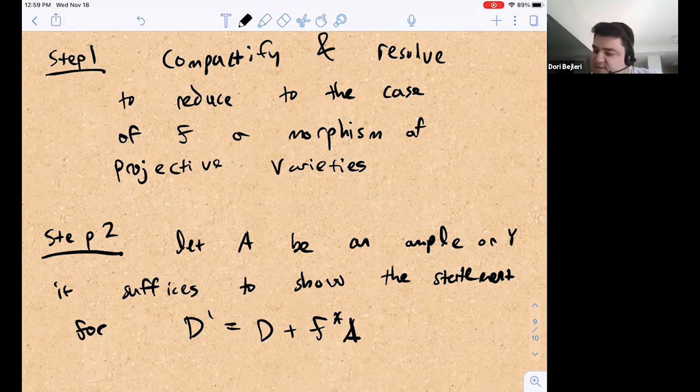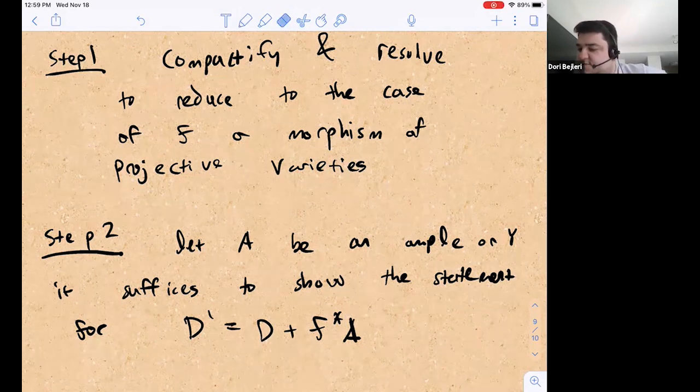And actually, we'll say more. It suffices to show something slightly different.